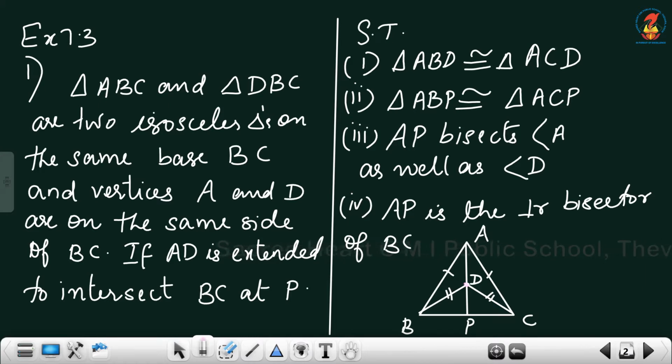If AD is extended to intersect BC at P, you have to prove these.